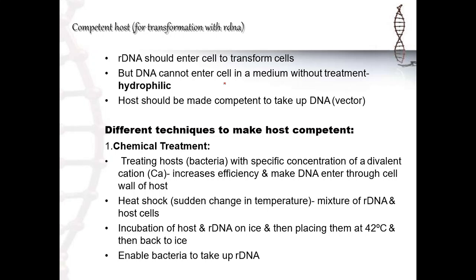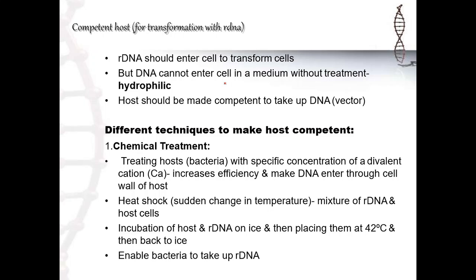it requires a competent host for transformation with the recombinant DNA. Now, if the recombinant DNA from the plasmid cannot penetrate or insert into the host cell, then nothing will happen. So it needs to penetrate there.